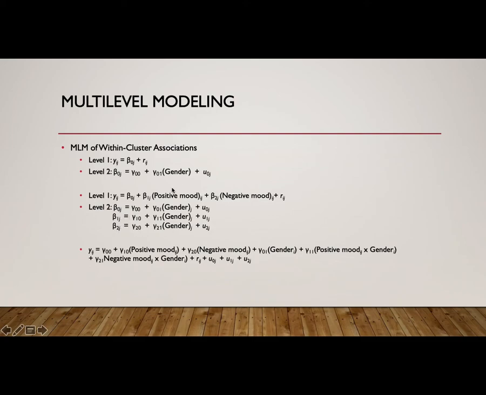The slope is our outcome variable here. You can put all of this into a single regression model that looks just like this. And note that this γ11 matches up to γ11 here, and γ21 matches up to γ21 here.